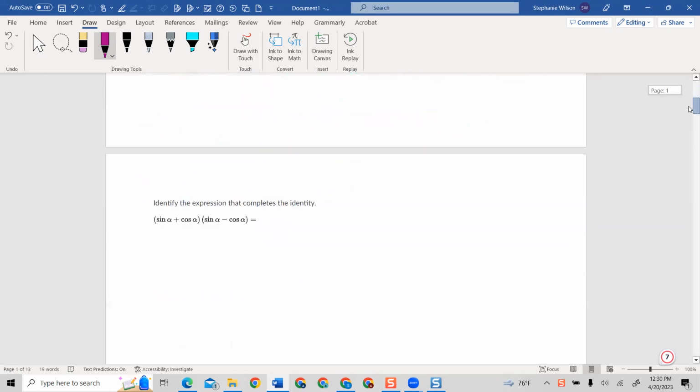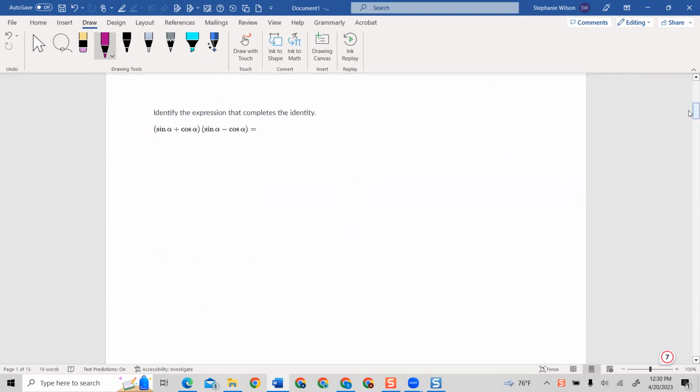Let's go to our next example. It says identify the expression that completes this identity. I notice I have a binomial multiplied by a binomial, so I can use the FOIL method. I take the first times the first: sine alpha times sine alpha.